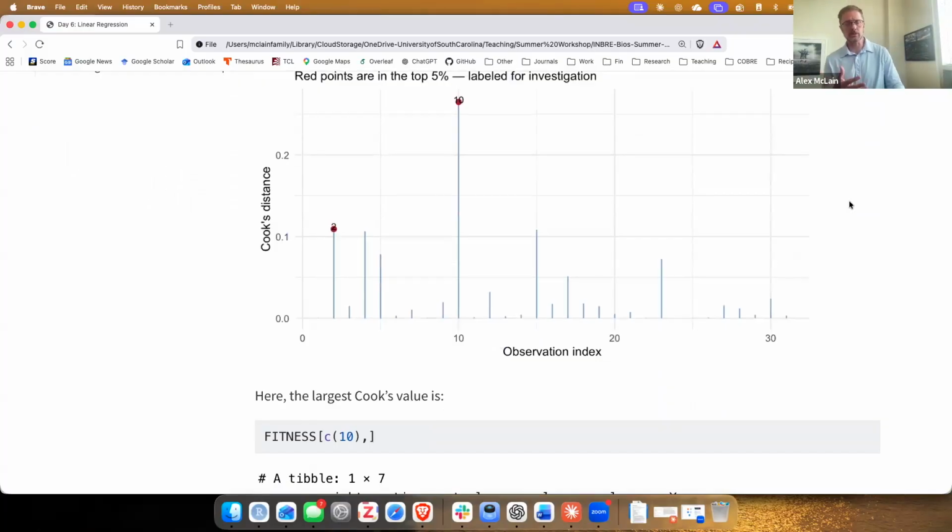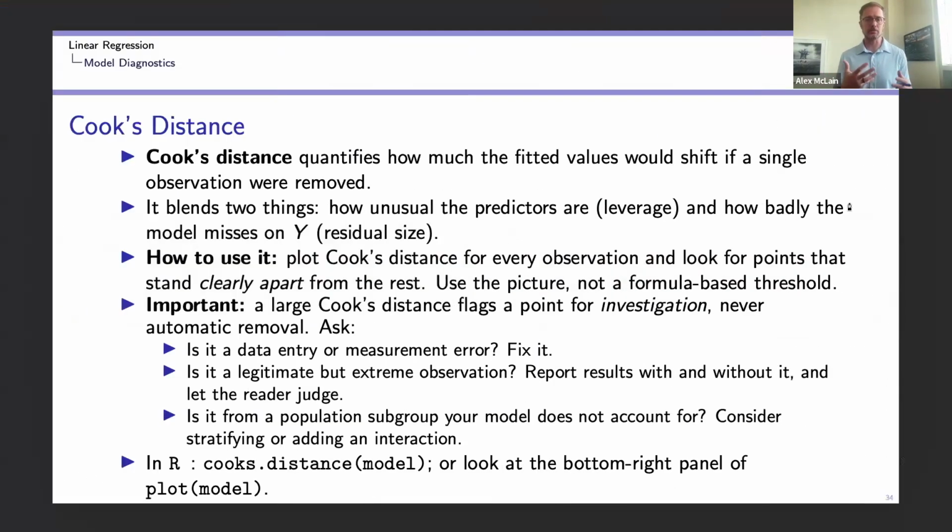So Cook's distance is a good way to get some additional information about our data, and we've accounted for variation from our predictor variables, and then we are going to get some idea of who's a little strange in this particular data set.